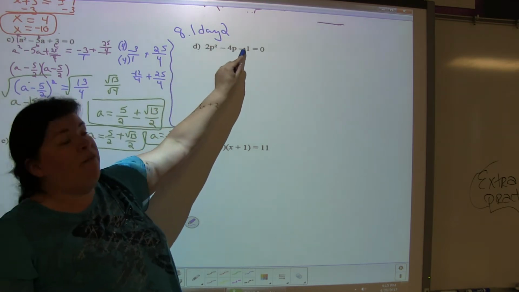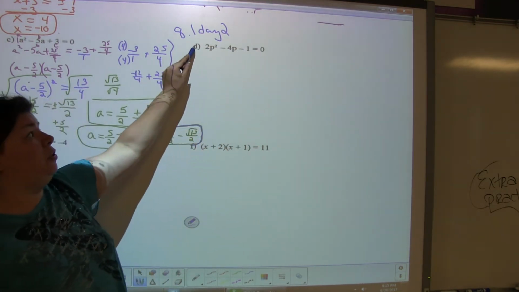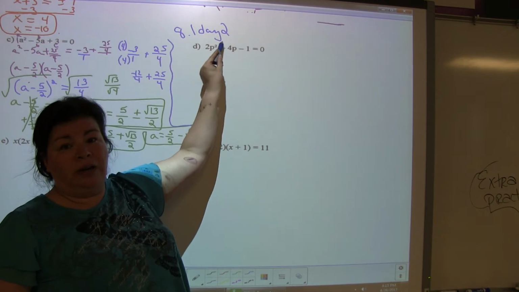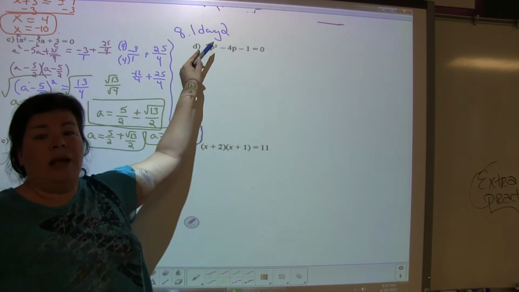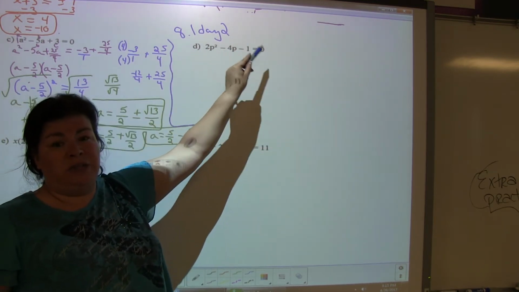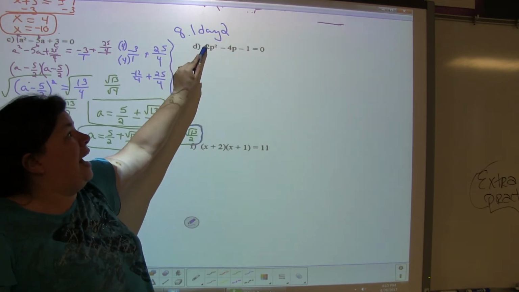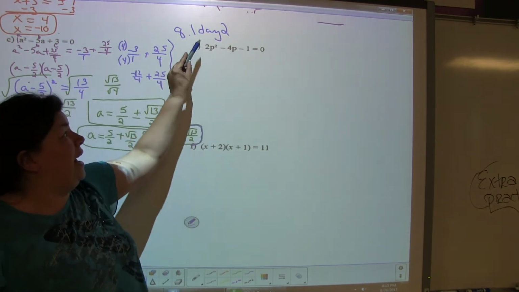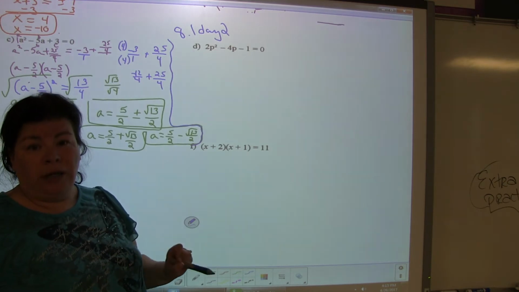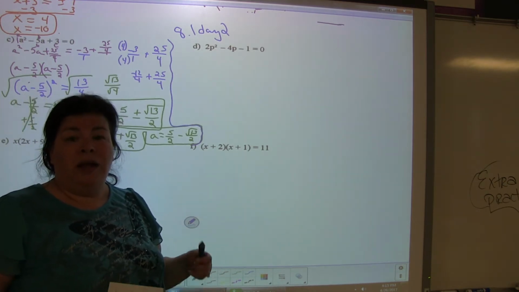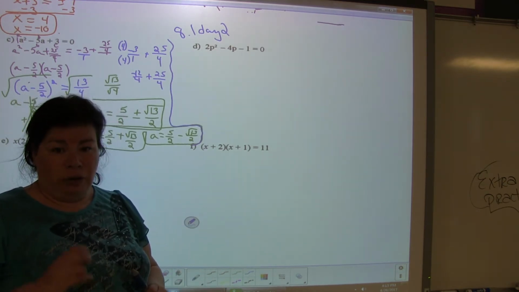And we have it in standard form, so you do have to make sure that your equation is in standard form, ax squared plus bx plus c equals 0. We have to get rid of this 2. We have to make this coefficient 1 in order to complete the square and make it a perfect square trinomial.